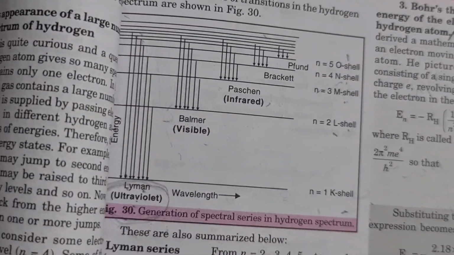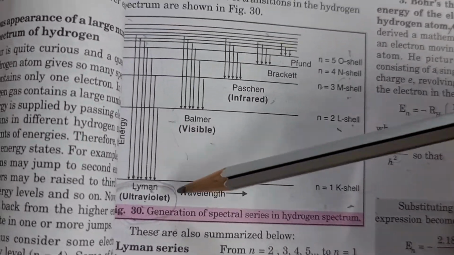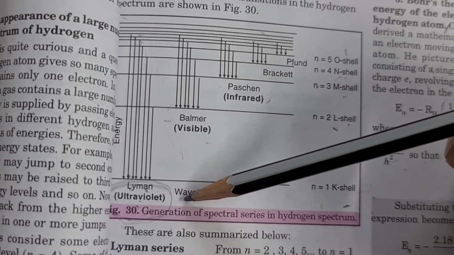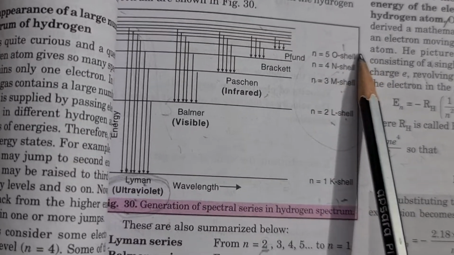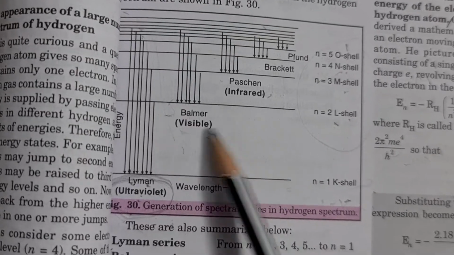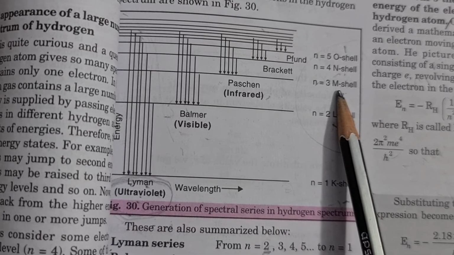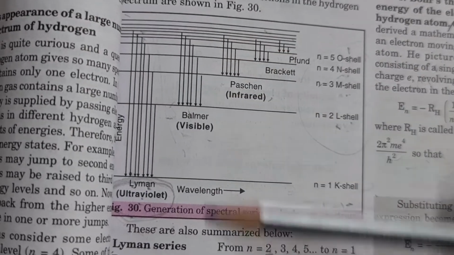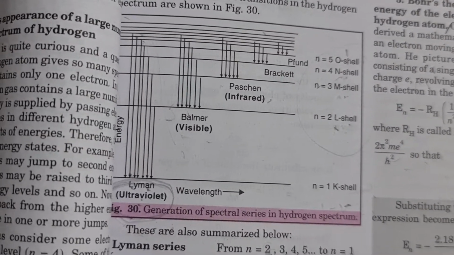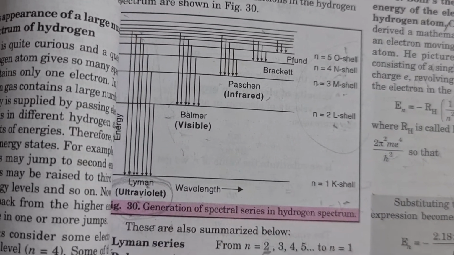In the hydrogen spectrum, there is only one electron which is jumping from various energy levels to other ground levels. In the first case we considered the K shell as the ground level and other shells as excited. Similarly, in the second situation we considered L as the ground level, and so on. So whenever an electron jumps from an excited state to the ground state, it gives rise to a number of lines, and these lines are known as spectrum. So this is the hydrogen spectrum.